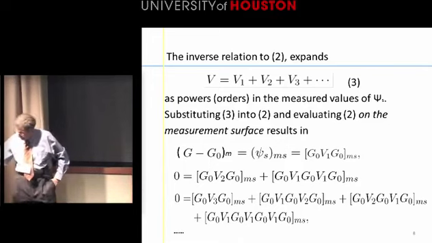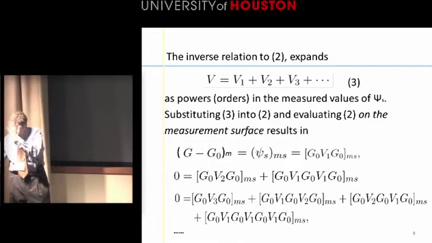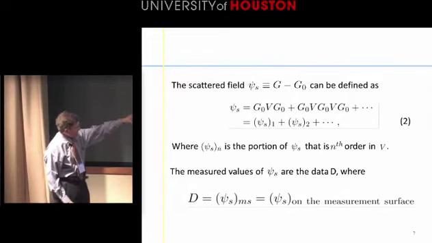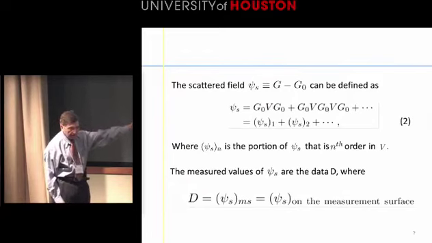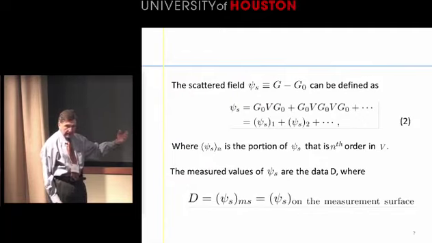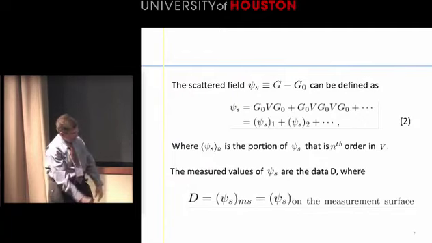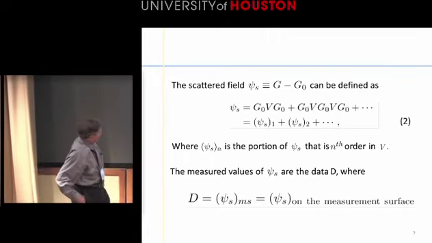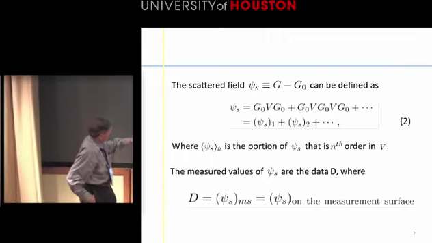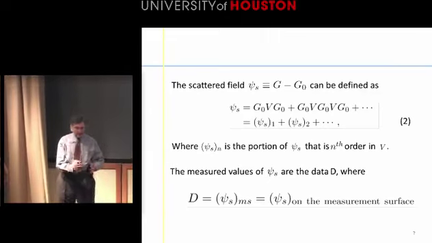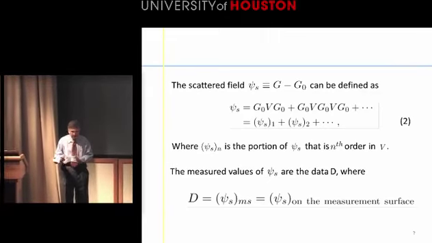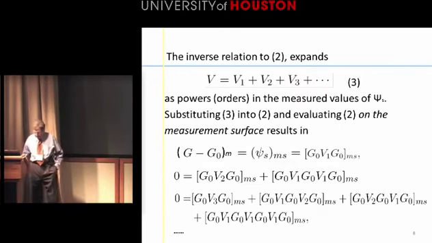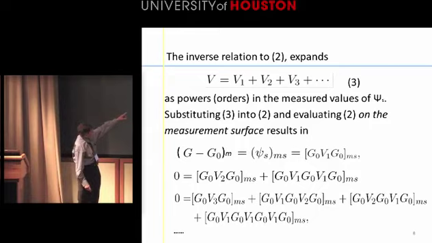It says, if G minus G0 is a power series in VG0, if you like, then V, with that heuristic, can be argued to be a geometric series in the data, something which is linear in the data, quadratic in the data, cubic in the data. That's what equation 3 says.